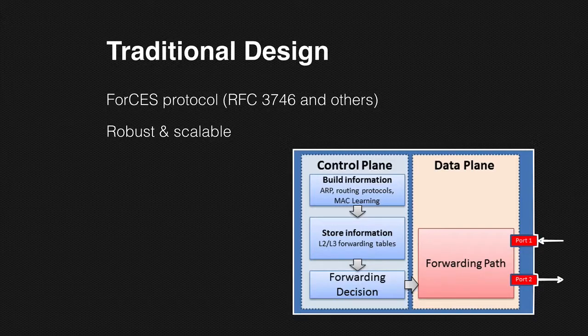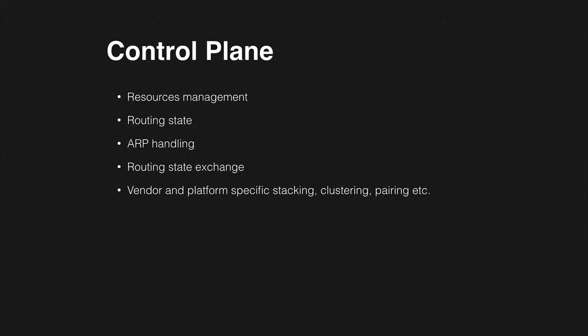So what functions does control plane have? Control plane is a collection of applications in its essence that runs on top of a network OS, and it is responsible for everything network state related.